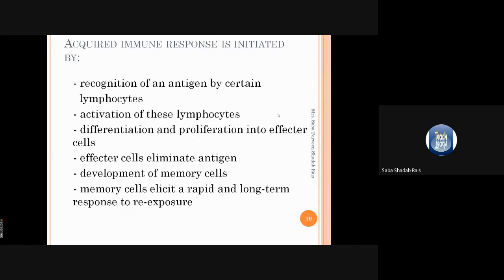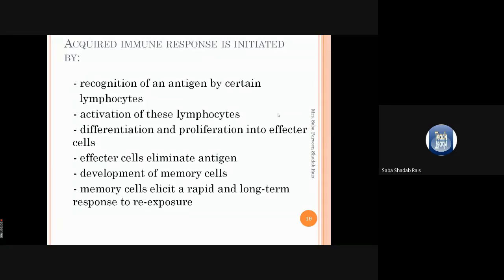differentiate. As I told you, a single B cell will have lakhs of antibodies on it. Out of that, only the single receptor, the specific designed antibody which is required to kill that particular antigen, will be formed.